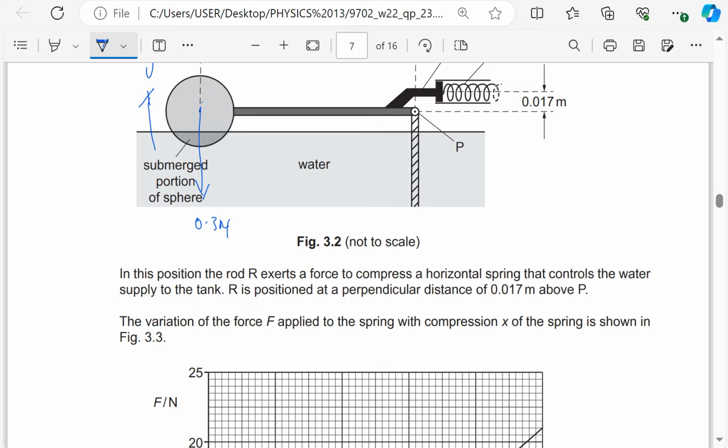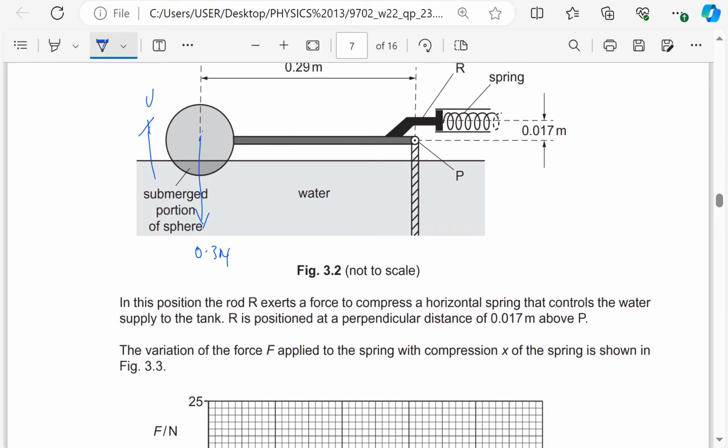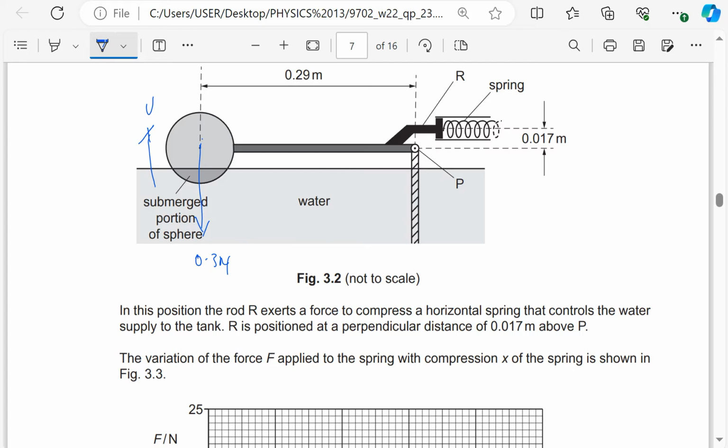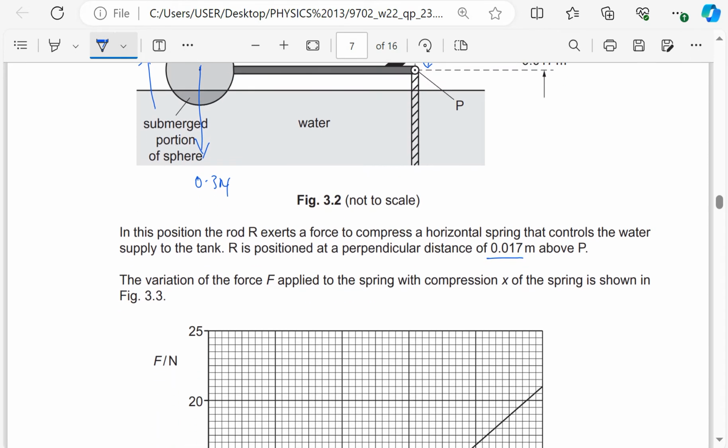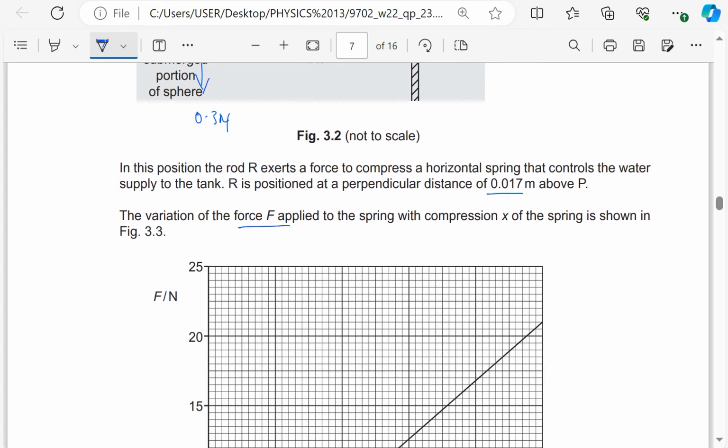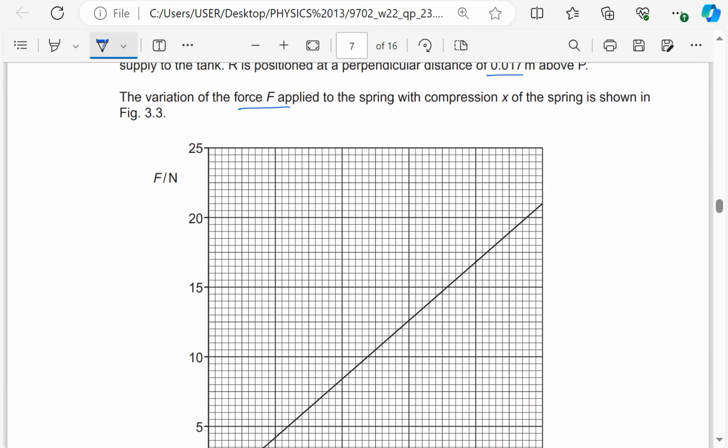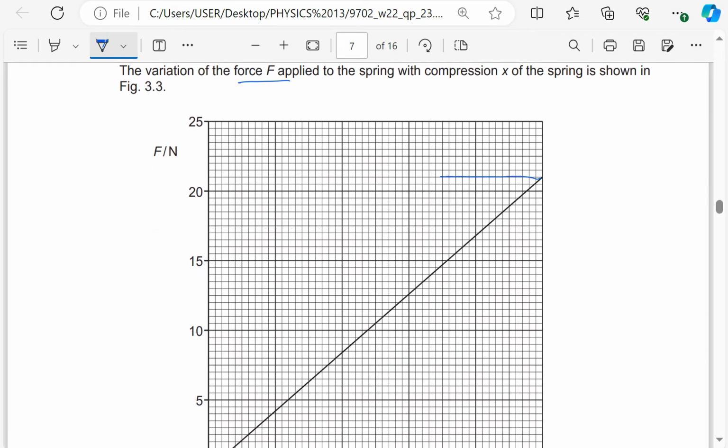R is positioned at a perpendicular distance of 0.017 meters above P. So there's a force here from the spring, which is the tension, and its perpendicular distance is going to be 0.017 meters. The variation of the force F applied to the spring with the compression X of the spring is shown in the figure. Okay, I can first know what this is.